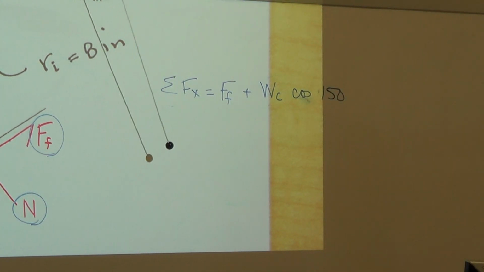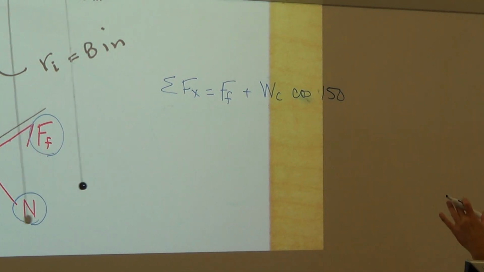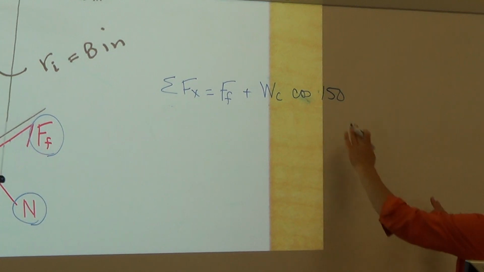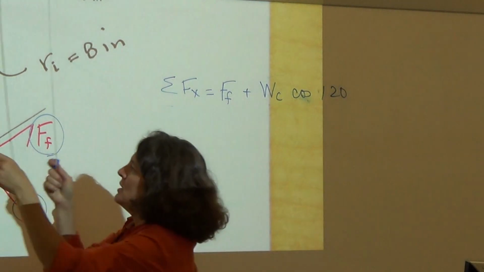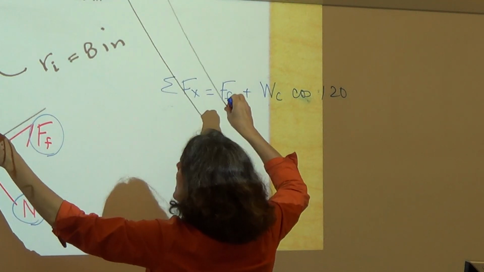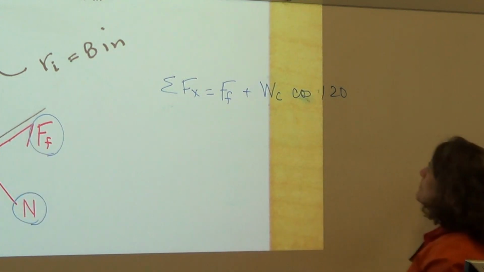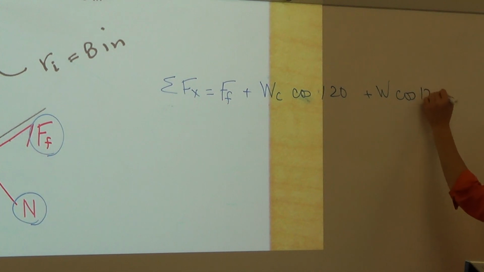Did I do that right? 30, no, it's 120. 120. Because the force is here, and I'm bringing it up to here. The theta x is 120. Okay, plus W times cosine 120 equals 0.